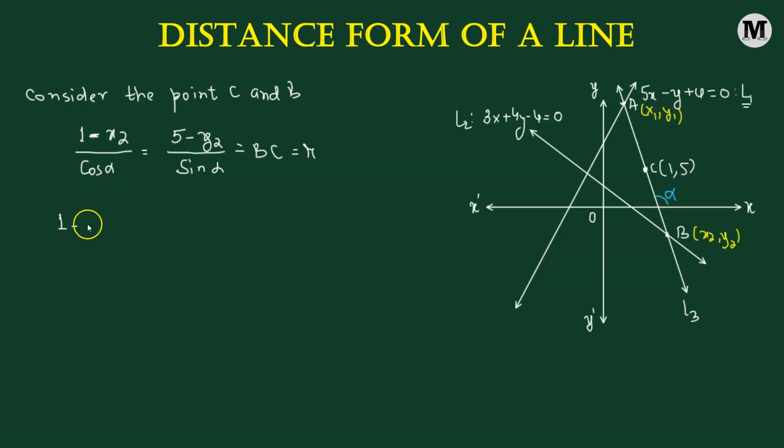In other words, 1 minus x2 divided by cosine of angle alpha equals r, and 5 minus y2 divided by sine of angle alpha is also equal to r.